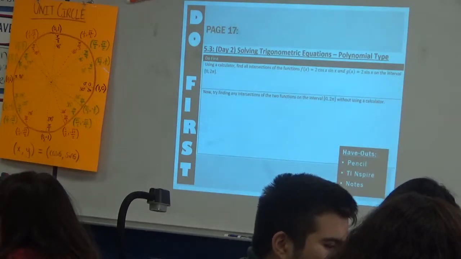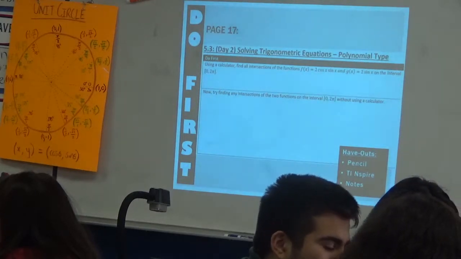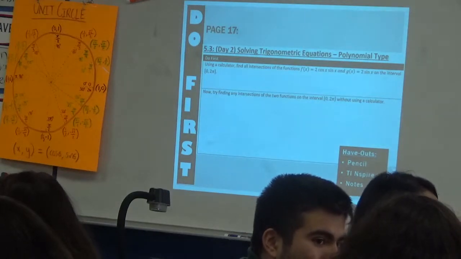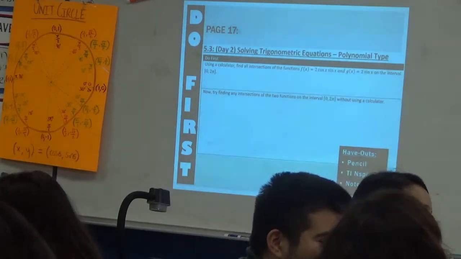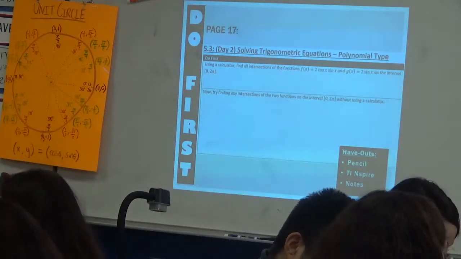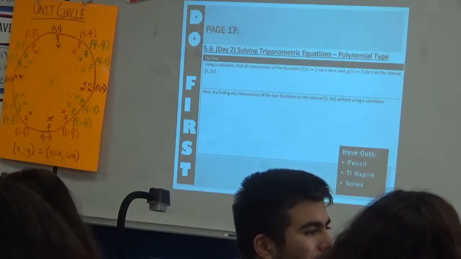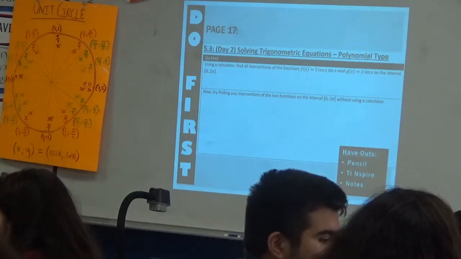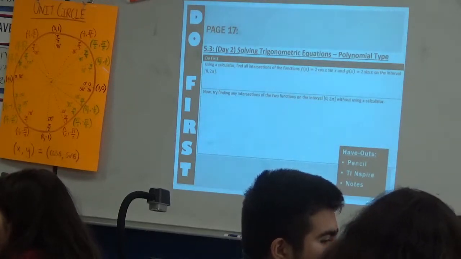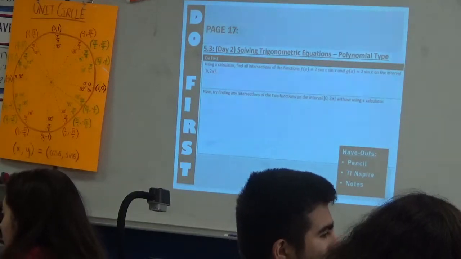What's 3 times 2? It's 6, so let's give ourselves 7 instead of 6, so we make sure we see everything. And we see it crosses here at 0, and then here, and then here, and we want to find these points.